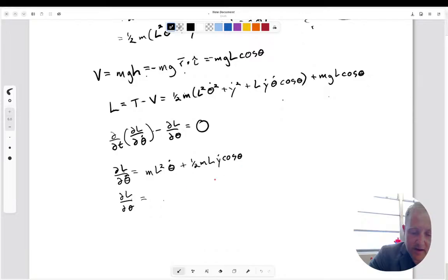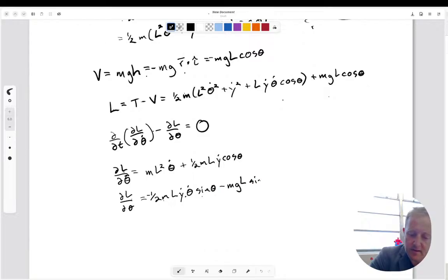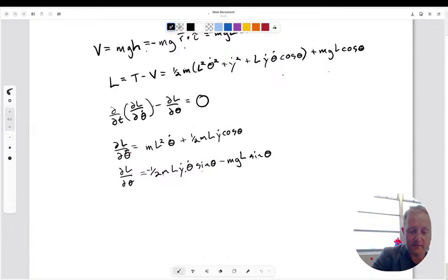All right, so now when I take a derivative I'll have a 1/2 m L ẏ and a θ̇ times the sine of θ. And is that a negative sign? Derivative of cosine becomes a negative sign. And then a minus m g L sine of θ. So now I need another derivative of that dL/dθ̇.